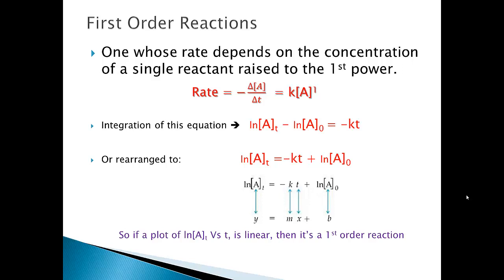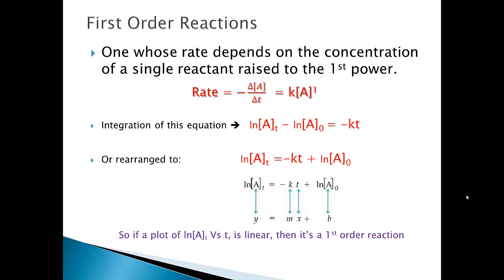Let's have a look at first order reactions. This is one whose rate depends on the concentration of a single reactant raised to the first power. So the rate is going to be the rate constant multiplied by the concentration of our reactant to the power of 1.